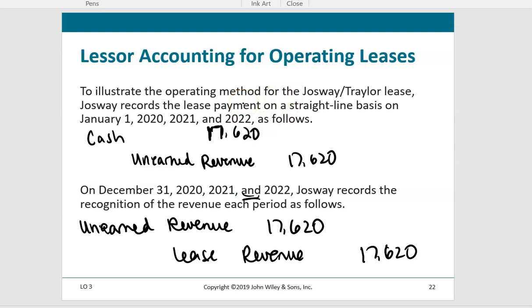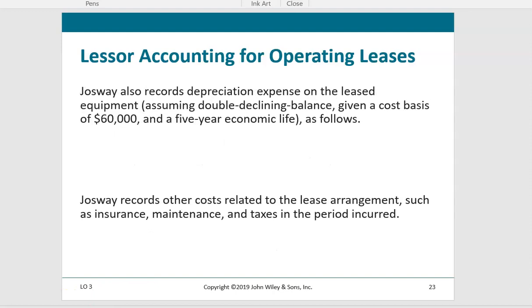In the last example, we did the entries individually for each of the 3 years. Now we're just saying the exact same entries will be booked at the end of every year. And then in addition, the company also has to record depreciation expense at the end of every year. Here we're just going to see one depreciation expense because it won't always be the same under the double declining balance method.